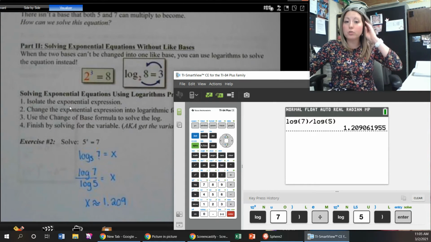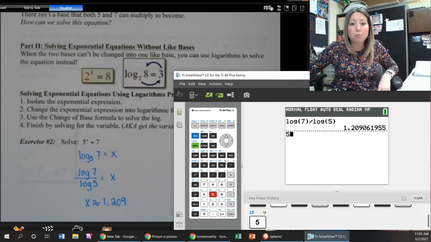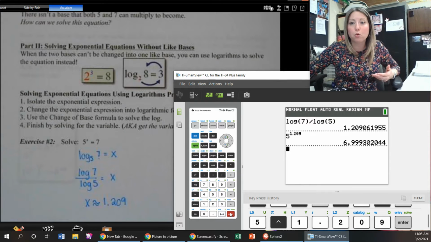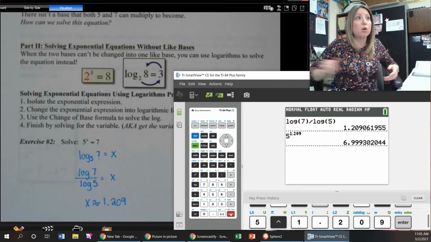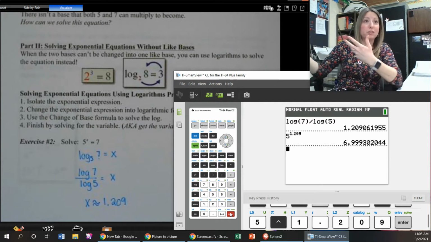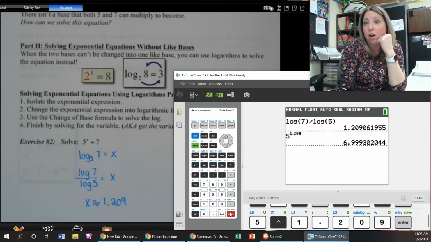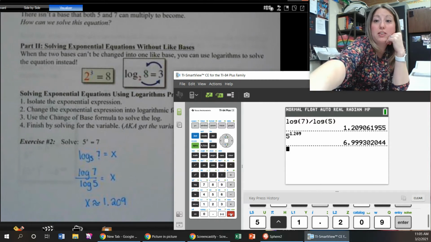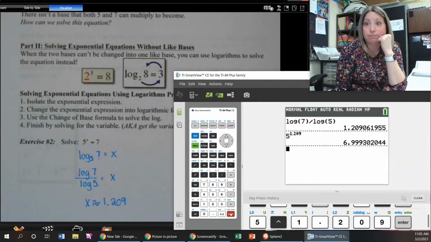Let me show you how close that approximation gets you if I put 1.209 in the exponent for 5. Obviously, I would need the entire decimal, but since it's a non-repeating, non-terminating decimal, I'll take the thousandths, which rounds up to 7.